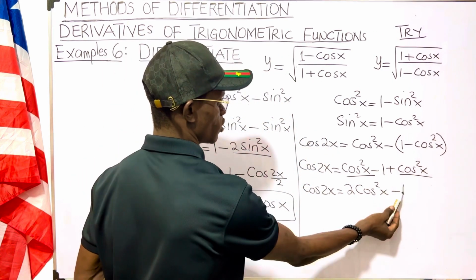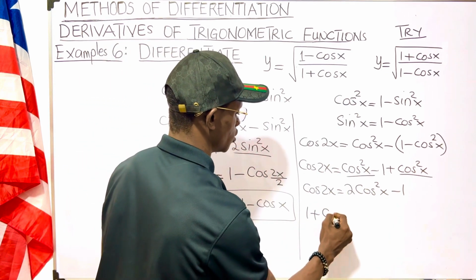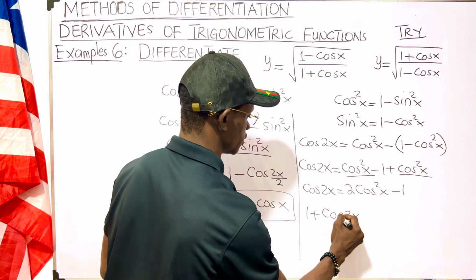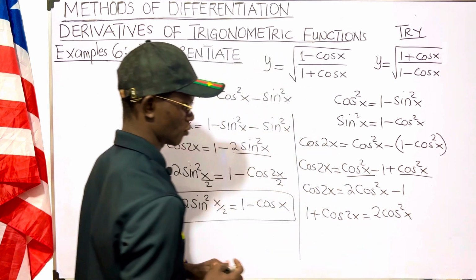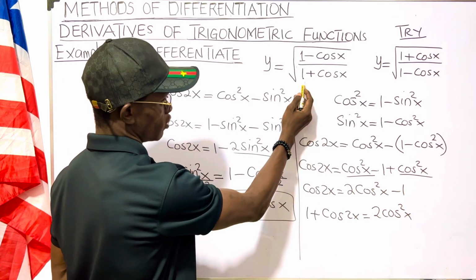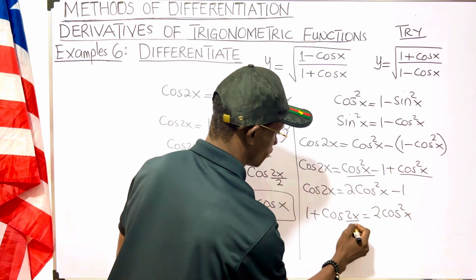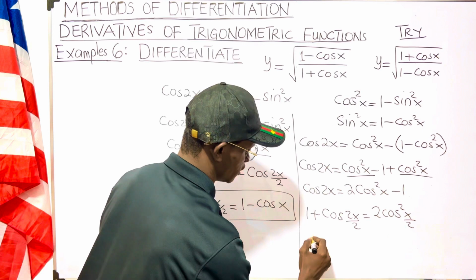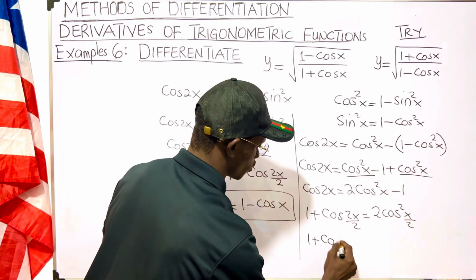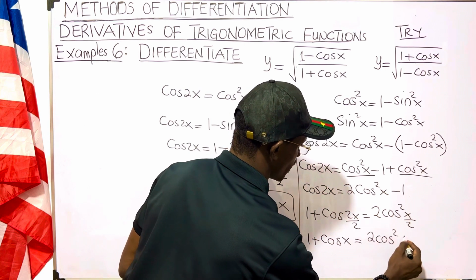If this 1 comes across, we're going to have 1 plus cos 2x equals 2 cos square x. So we also have 1 plus cos of x, and here is 1 plus cos of 2x. We can divide both sides by 2 again, like we did in the previous problem. So it means that we will have 1 plus cos of x equal to 2 cos square x over 2.